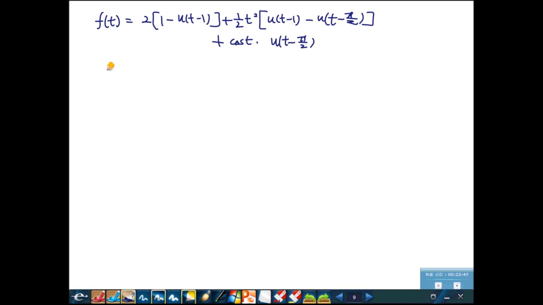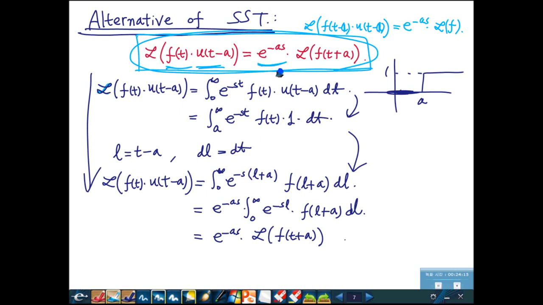Let me just write the second one. So the Laplace transform of t squared u of t minus 1. I'm just letting the 1/2 out. According to the alternative theorem, we take that f of t, that's u, and we use this: we multiply e to the minus as times the Laplace transform of f of t plus a.